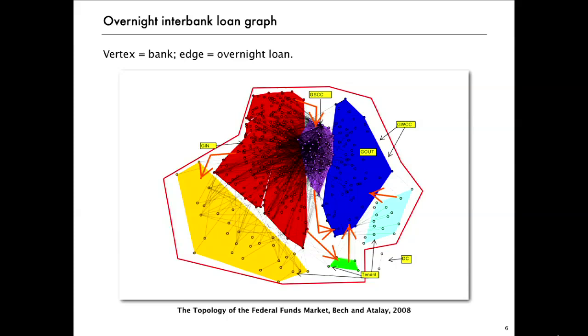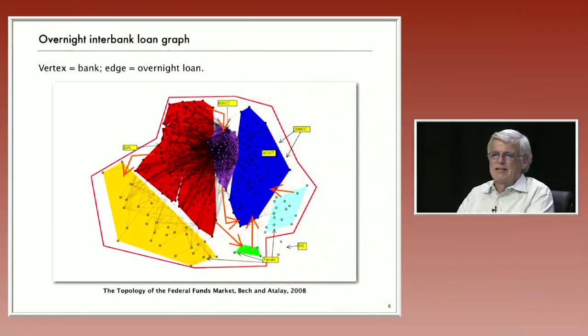Here's another one. This is a study of the crash in 2008, and it was a directed graph that showed the structure of banks lending to one another. An edge corresponds to an overnight loan, and a vertex corresponds to a bank. From studying this diagram, experts could see how the banks divided into groups and were therefore vulnerable in these groups.